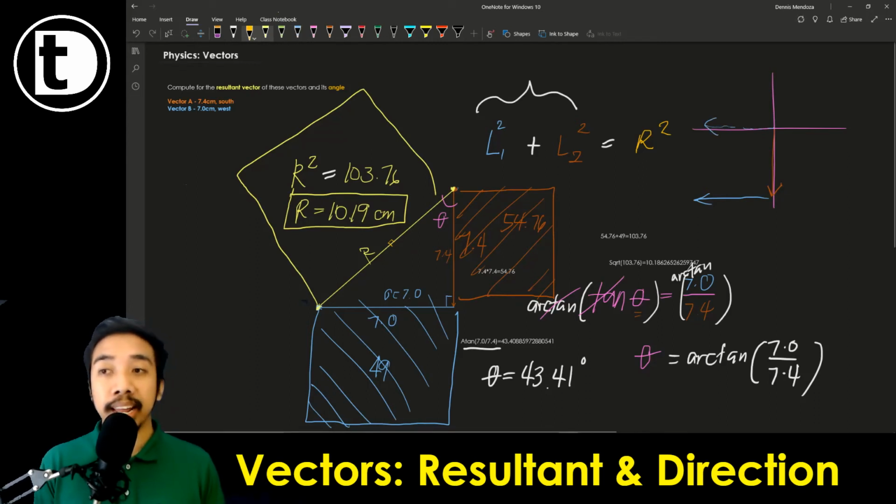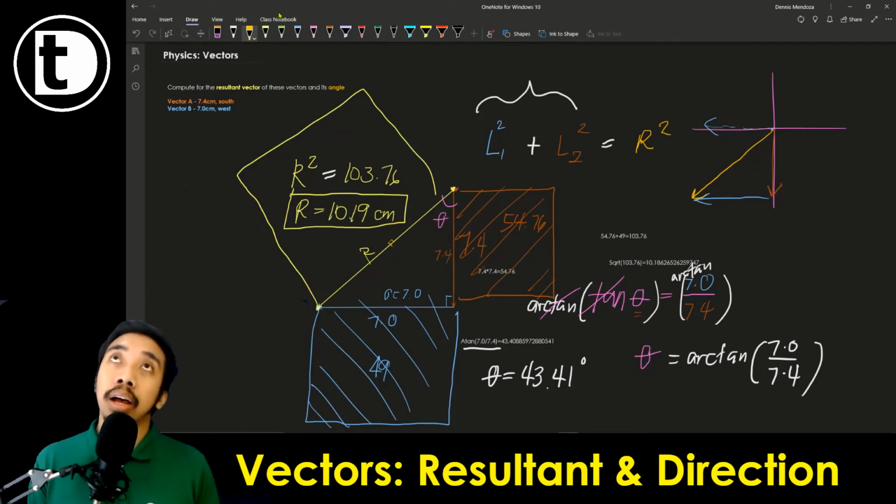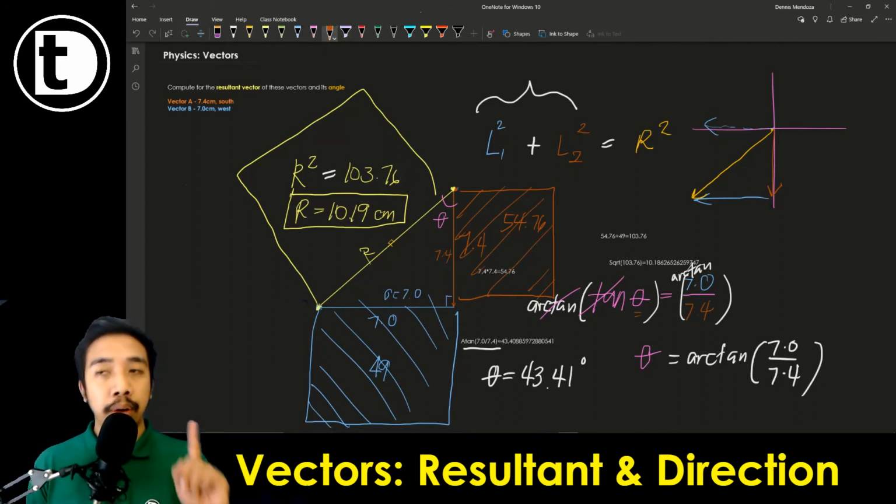And this is our resultant, because if we draw it from point to point, something like that, okay? So in short, our x component is the blue one, our y component is the orange one. We know the directions in our Cartesian plane or on our compass: this is our south, this is our west, this is our north, and this is our east.